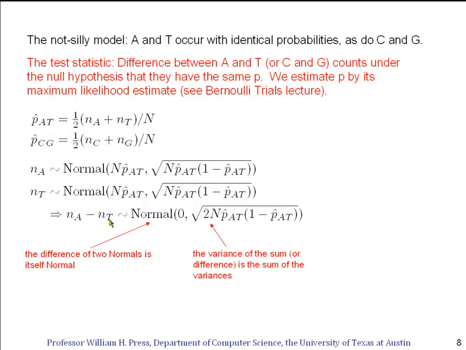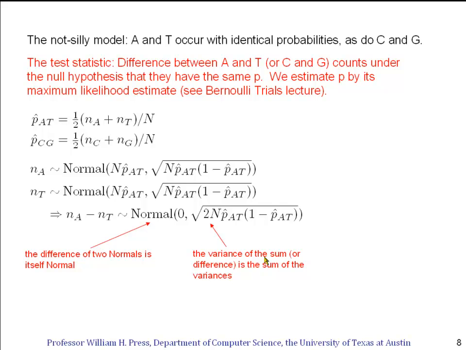Here, because we've made the approximation of a normal distribution, it's very easy to know what this distribution is, because the difference of any two normals is itself normal, and it's only a question of figuring out what the mean and standard deviation are. Well, since N_A and N_T have the same mean, the mean of the difference must be 0, so we can put a 0 here. And then slightly more subtly, the difference between two normals has a variance which is the sum of the variances.